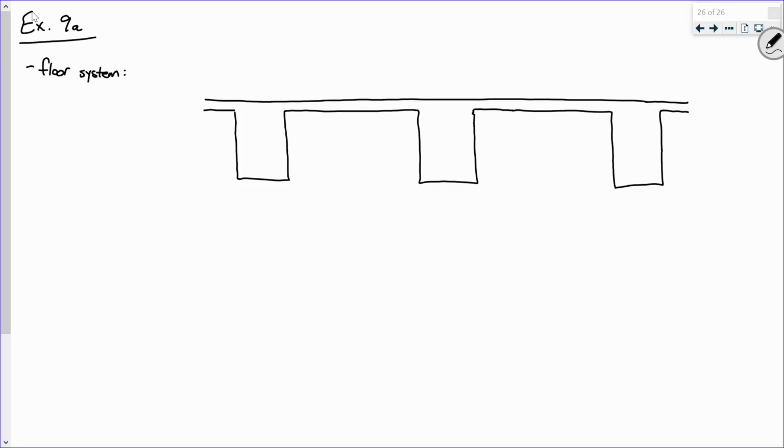Okay. And this floor system is going on in isometric, going on like this. So I'll erase that because I'm going to need to put something in there real quick. Okay. So let's add a couple dimensions.